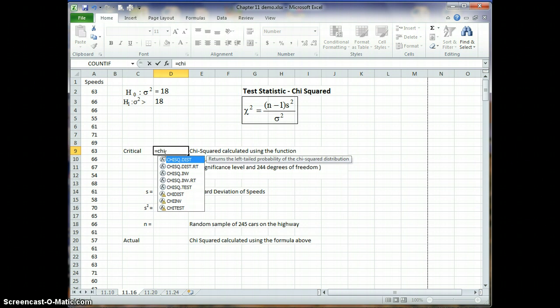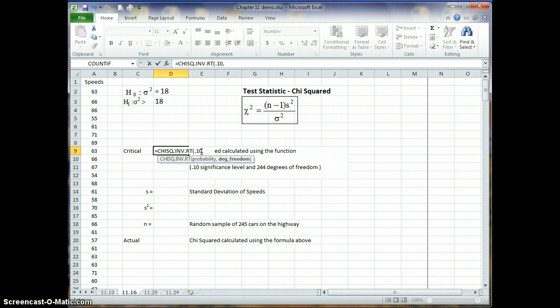chi-squared. Now if we go down here and select this one, it returns the inverse of the right-tailed probability of this chi-squared distribution, which is what we want. Now I double-click there, and it allows us to enter the probability and the degrees of freedom. Well, we know the significance level is 0.10, so that's the probability.